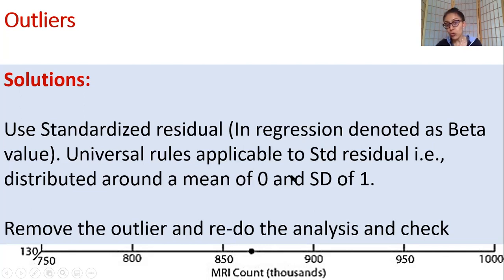The universal rule is that the standardized residual distribution lies between a mean of 0 and a standard deviation of 1. It's okay if you don't understand this, it's more statistical. But for you to understand, just remember the practical thing that you would do, which is what I have already suggested.